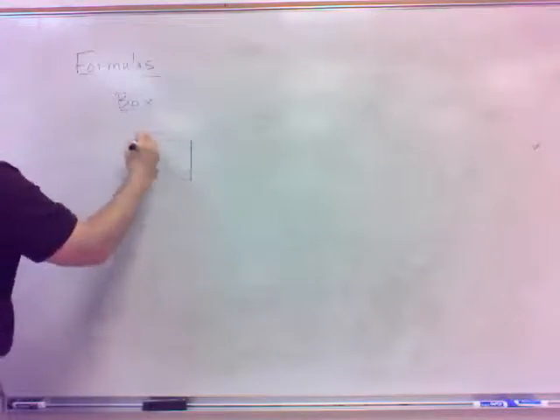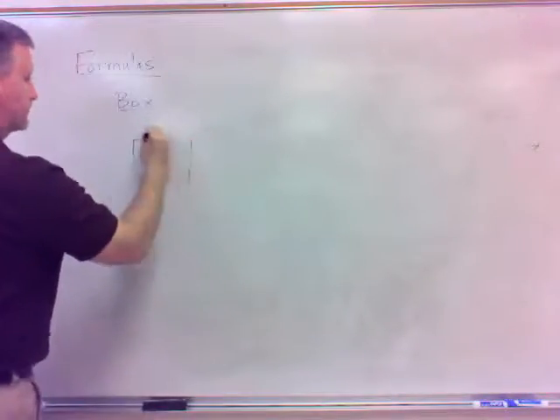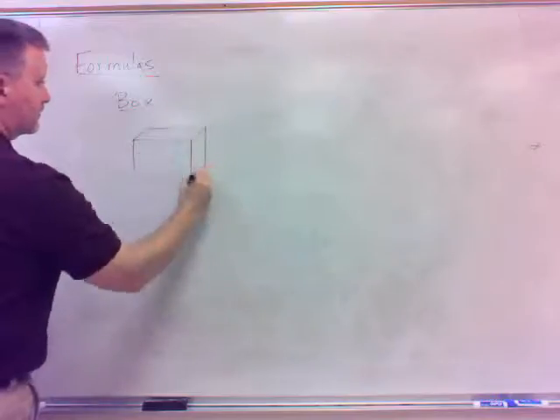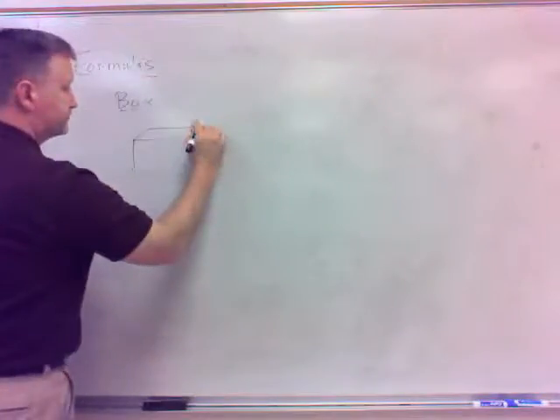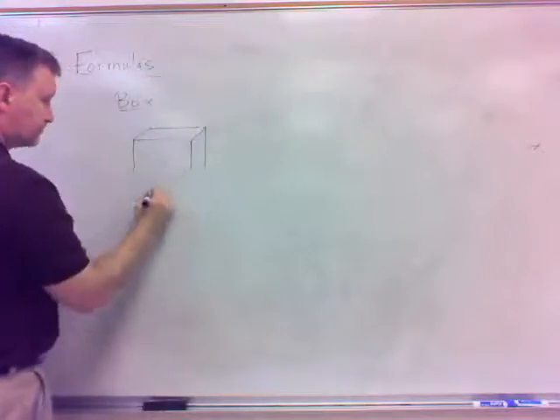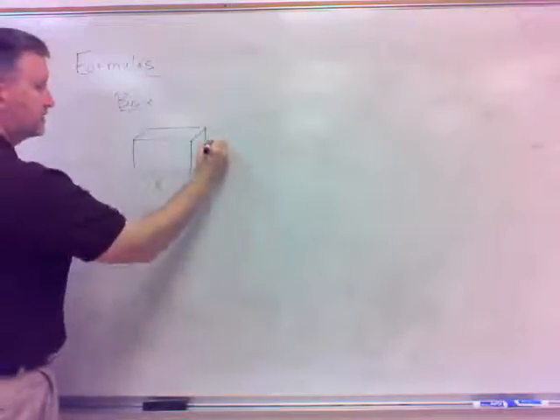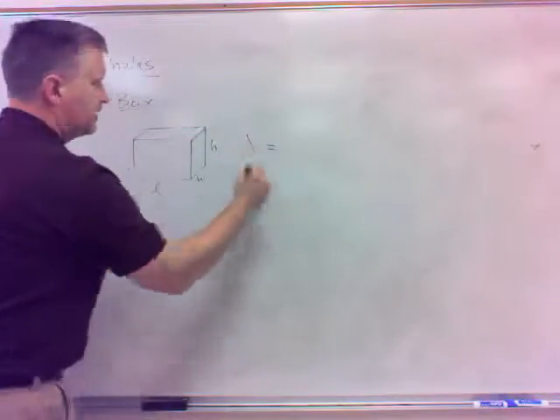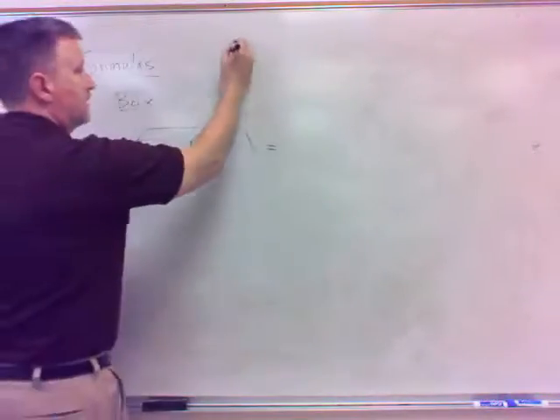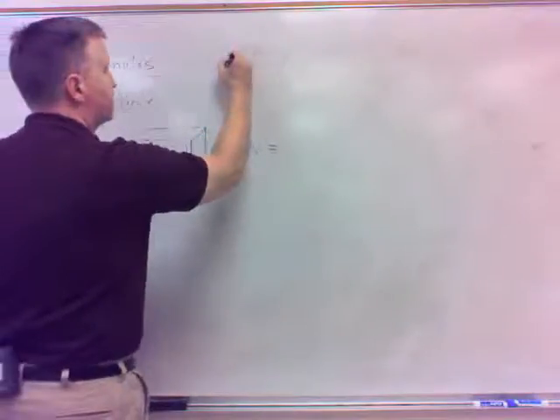Three things you do need to know when you talk about a box: we'll need to know the length, the width, and the height. For volume, let me just draw an example here.